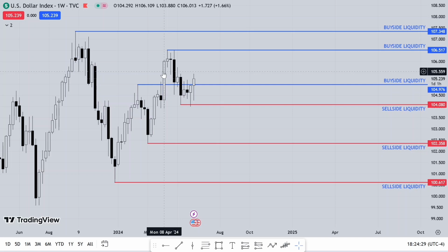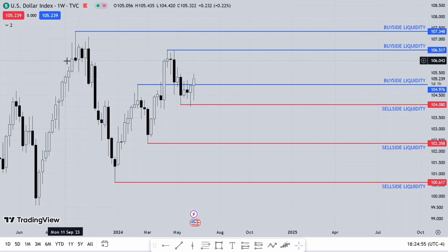So this is the basic form of what liquidity is in the marketplace, and you do not need any form of indicator to see it. So this is the buy side liquidity resting in the marketplace. This is the weekly time frame, but the time frame does not matter when you're looking for liquidities.